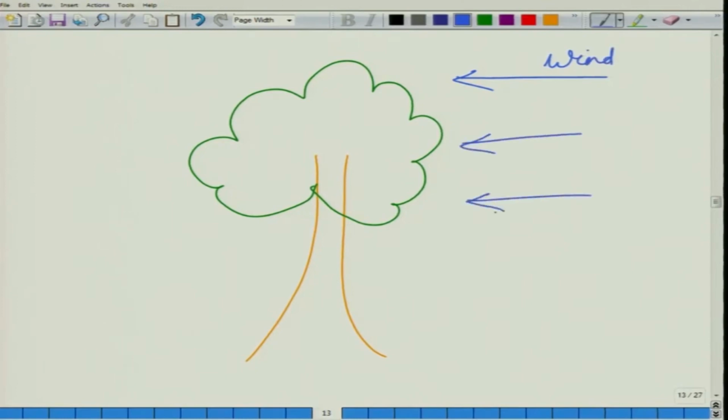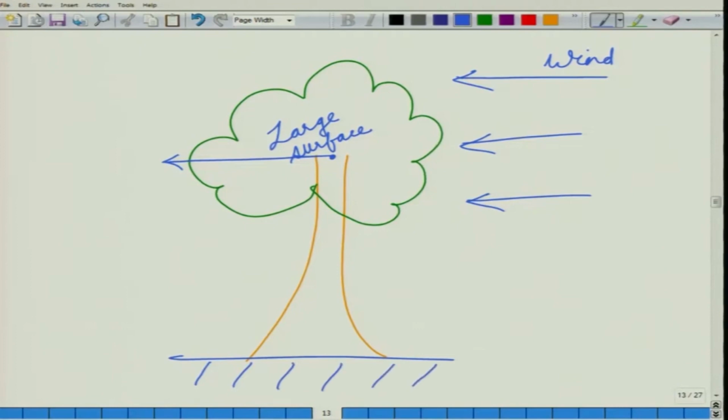Because the canopy has a very large surface area, most of this wind pressure would result in a force acting on the canopy, say on the center of the canopy. Now, this tree is anchored at the bottom in the soil.